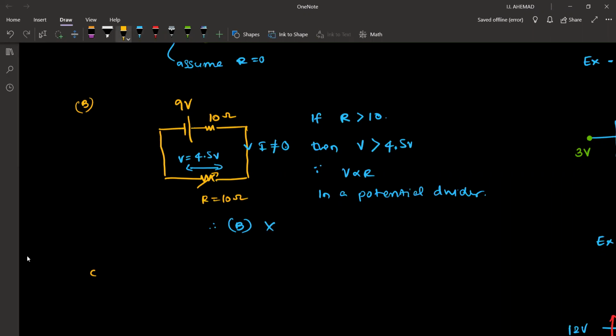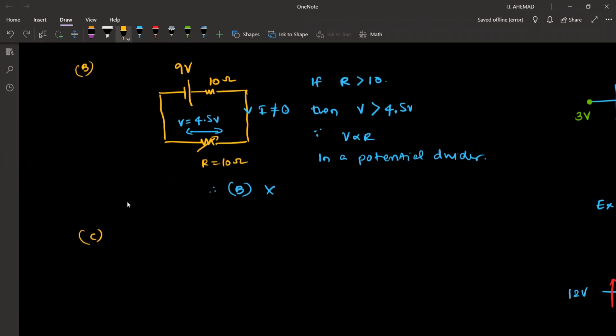How about statement C? When will the terminal voltage be equal to 9 volts? Terminal voltage will be 9 volts only if I is equal to 0, right?